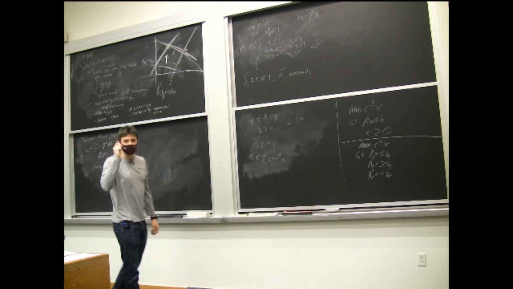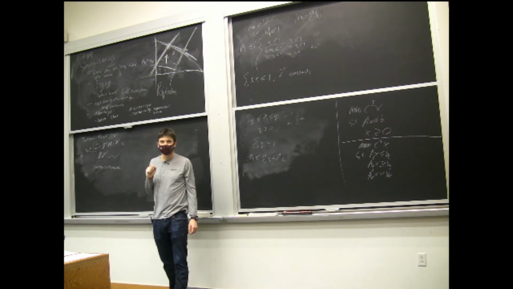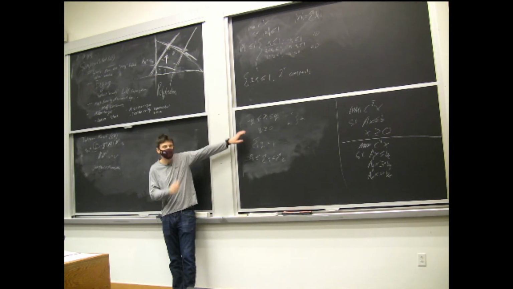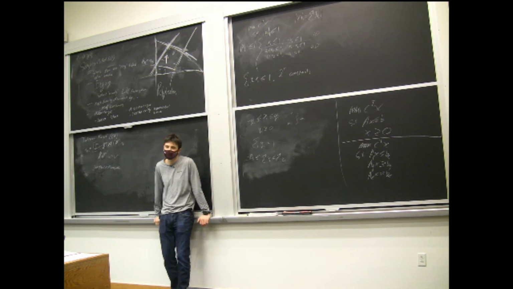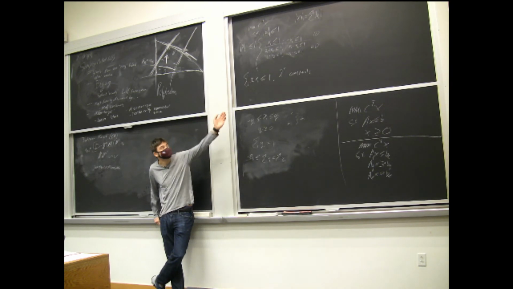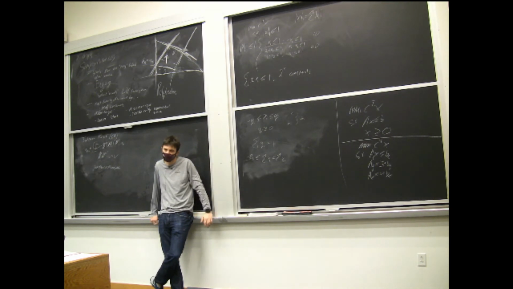By thinking about the problem a little bit, you can find a way to write it down with 2n or 2n plus 1 constraints. Some solvers, for example for the one norm, which is a very common constraint, will do that for you automatically.